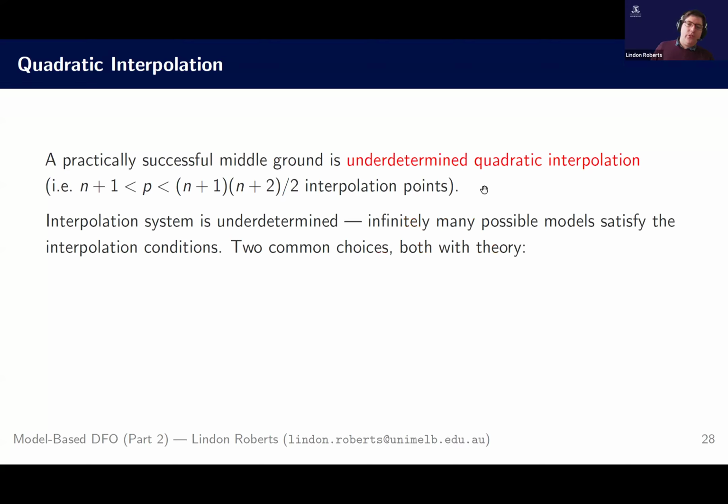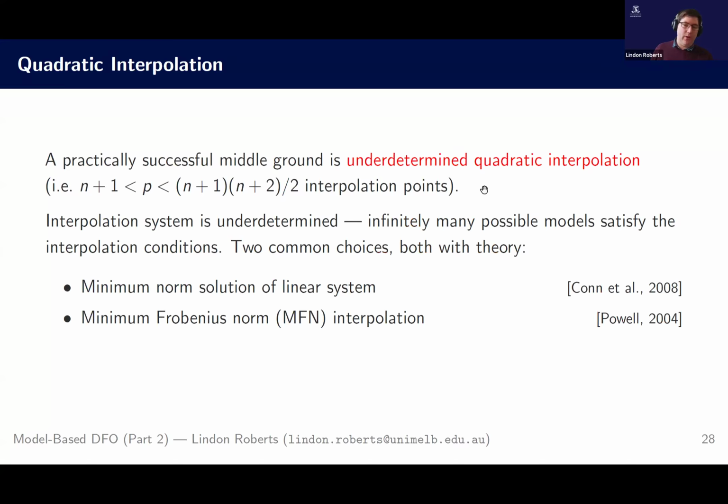So there are two reasonable choices that have theory associated with them that work quite well. One is you take the minimum norm solution of the linear system, like a pseudo-inverse of the interpolation conditions. That works perfectly well. The one that I have used a bit more, and that is involved in the more practically successful codes, is called minimum Frobenius norm interpolation. I'll call that MFN.